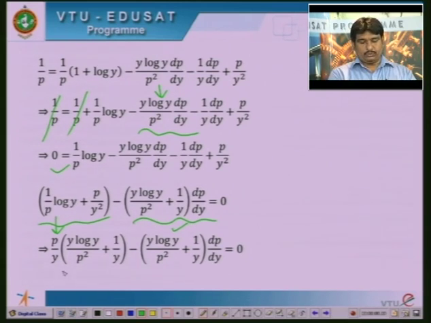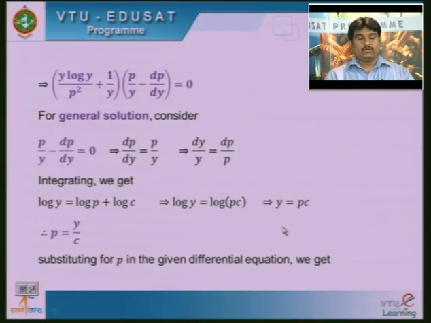So in these two terms, y log y by p square plus 1 by y is common. After taking common terms, we get y log y by p square plus 1 by y into p by y minus dp by dy equals 0.